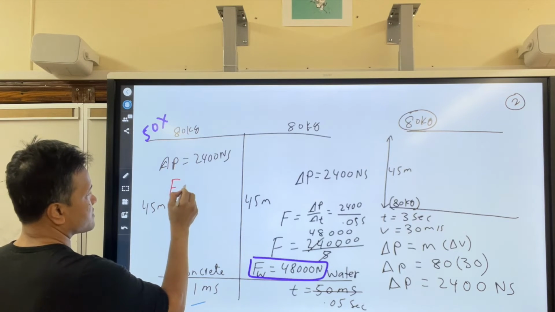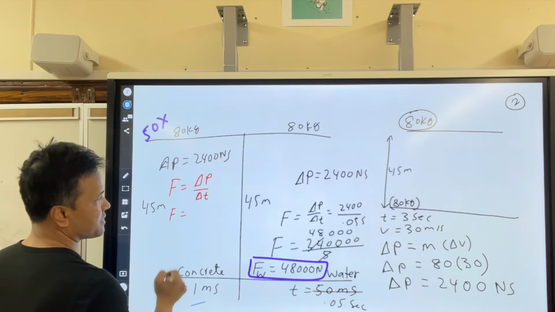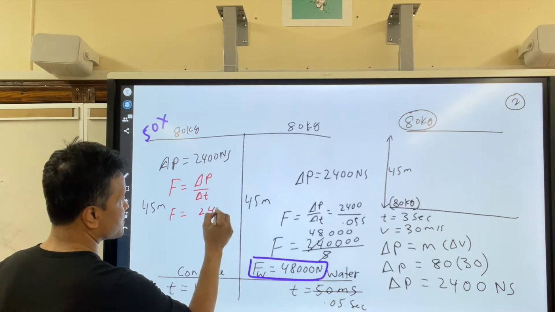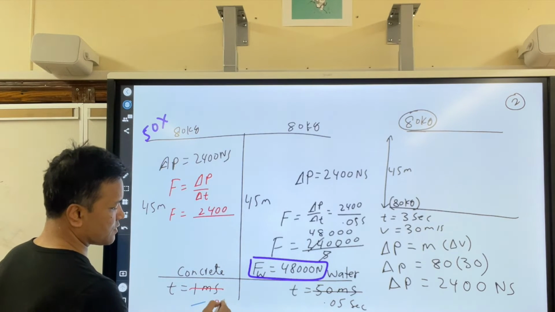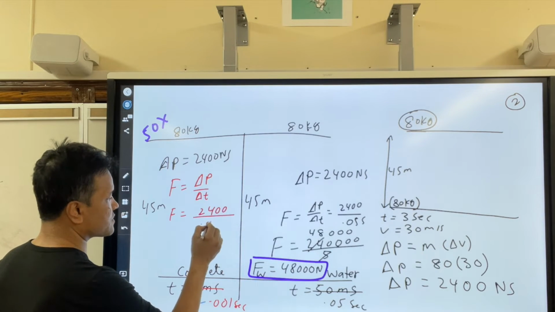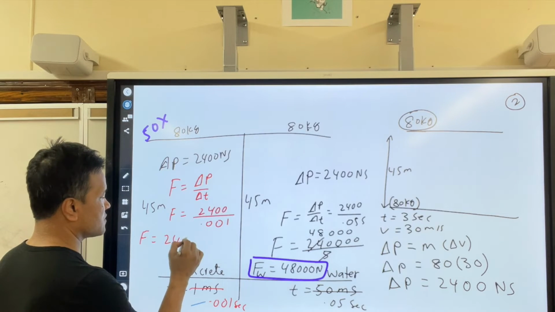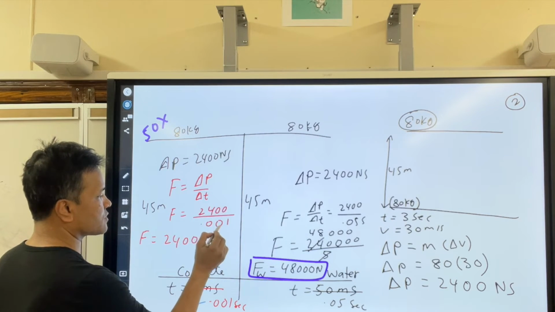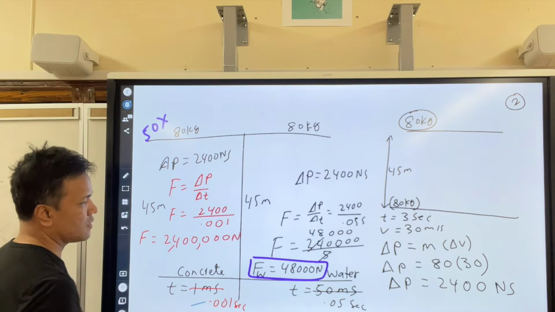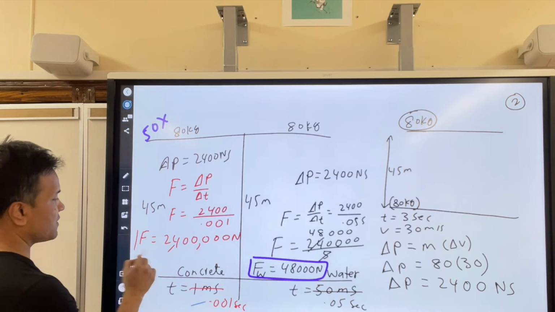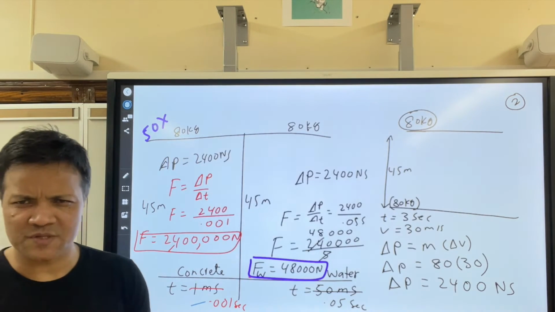So F is delta P over delta T. Delta P is 2400 and delta T is 0.001 second. So F is equal to 2,400,000 Newton. All right, so this is 50 times as bad as the water landing. So which landing would be safer?